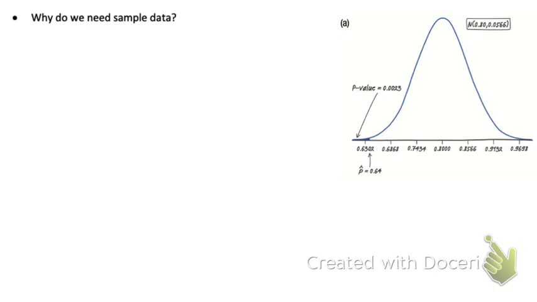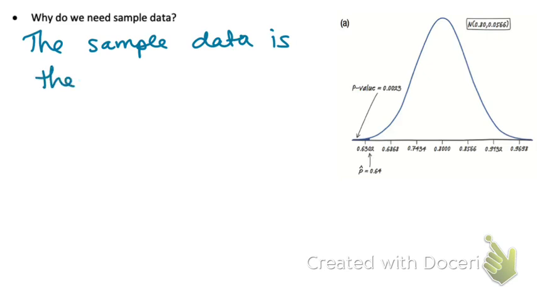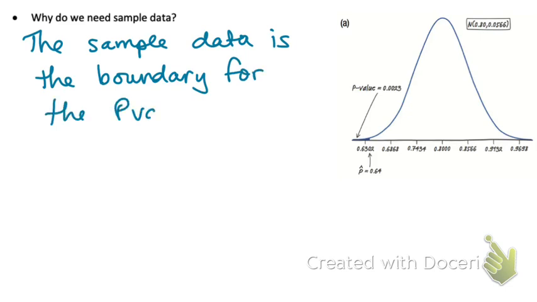Okay. Next thing is, why do we need sample data? The sample data is the boundary for the p-value area. So the sample data, that was like Coach Brooks' 0.64. That's his sample data. That is the boundary for this p-value.